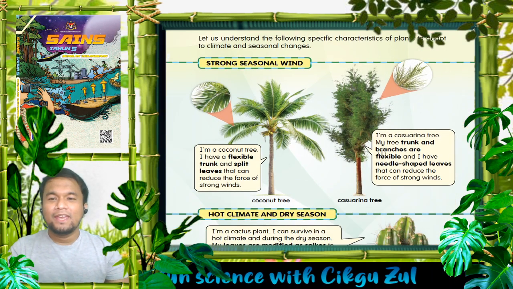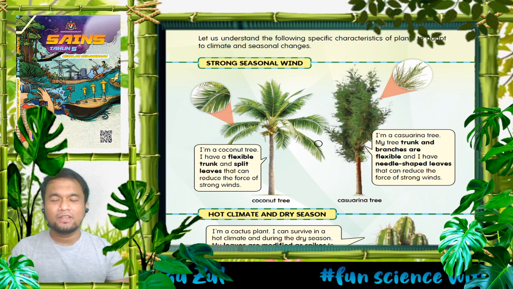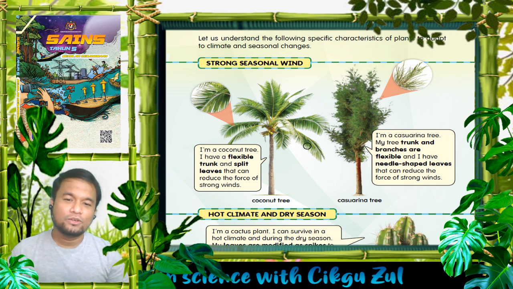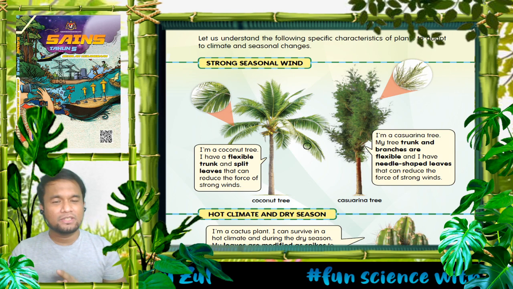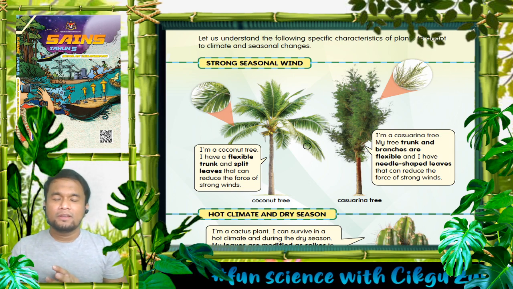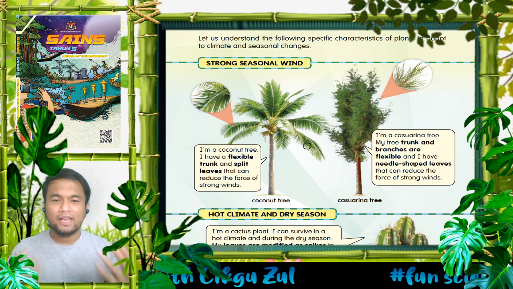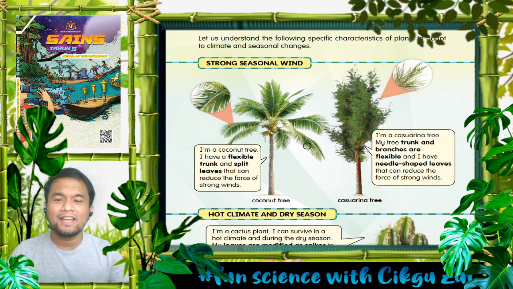Okay. In strong seasonal wind regions, tempat-tempat yang angin dia kuat, for example like the beaches or some places like the seashore, or maybe an island. It's like imagination lah kan.